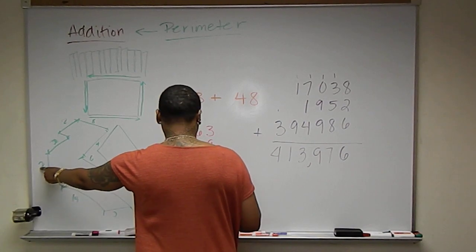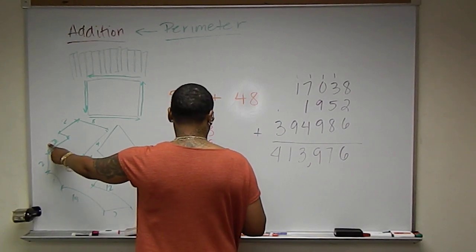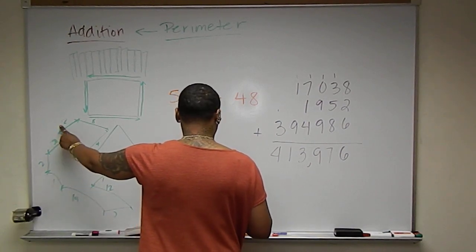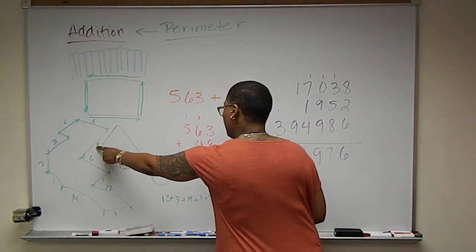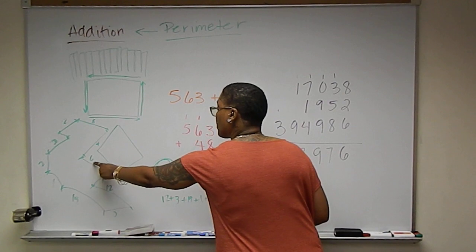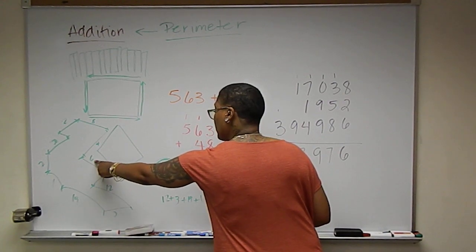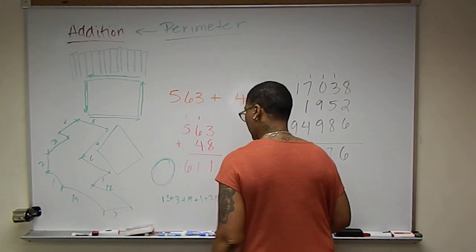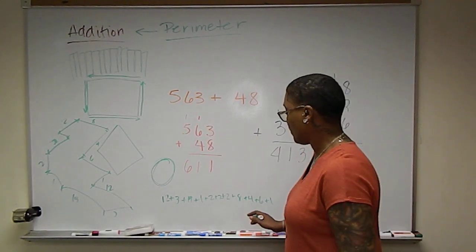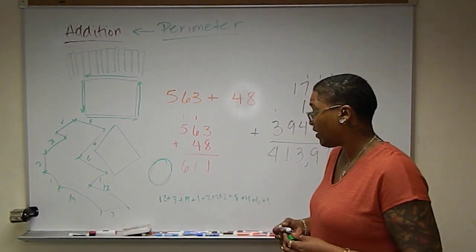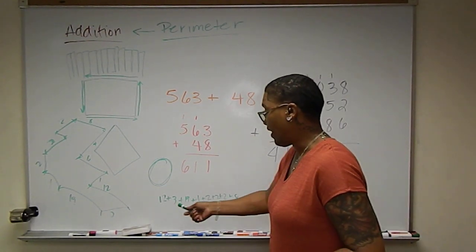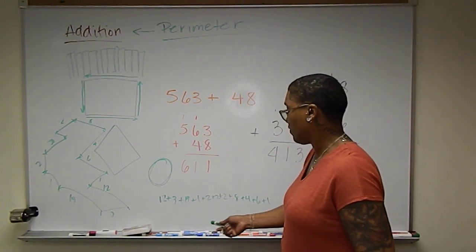Plus 1, plus 2, plus 2, plus 2, plus 8, plus 4, plus 6, plus 1. I simply touched each to make sure I got each, and then I will just add it in the order that's given to me.